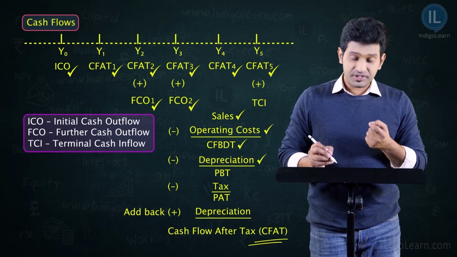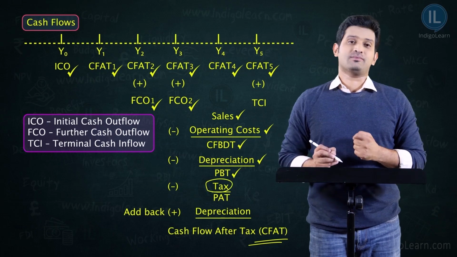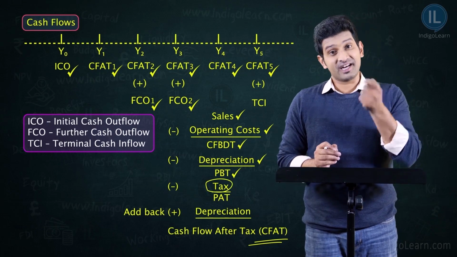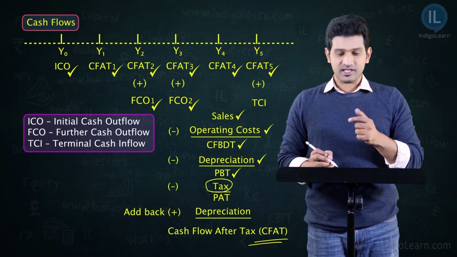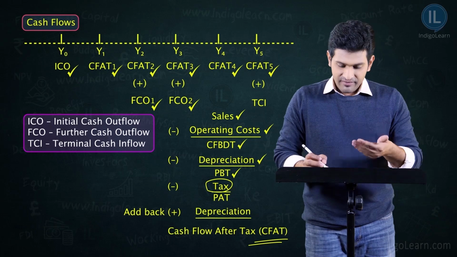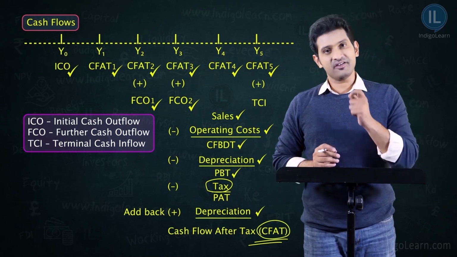We will remove depreciation to arrive at PBT to know what the tax amount is. Otherwise, we don't have to remove the depreciation. Because depreciation is a tax deductible expense, only for the purpose of computation of the value of tax we remove depreciation, and once we arrive at the profit after tax, we again add back the depreciation to arrive at our relevant cash flows, that is CFAT.